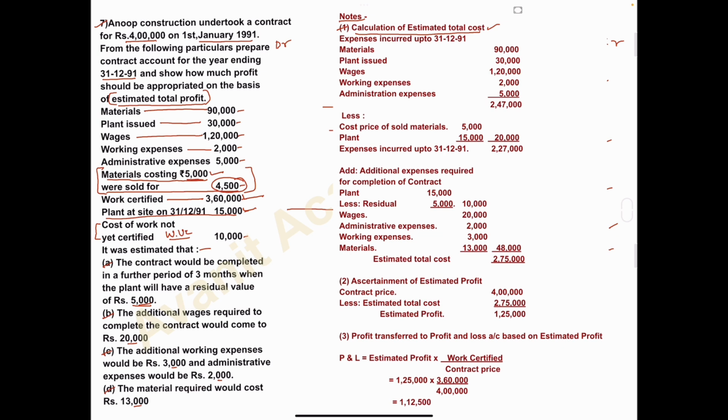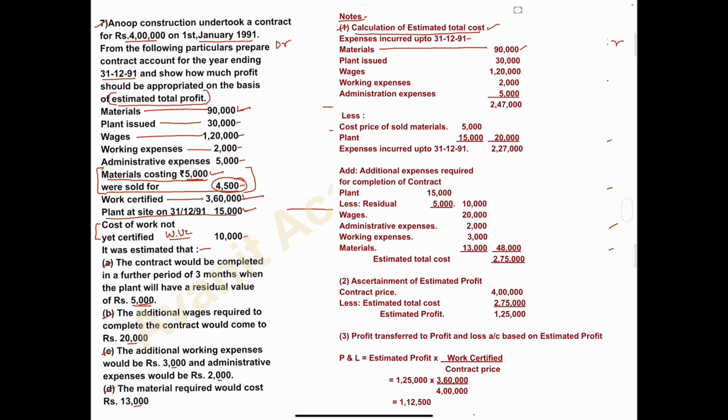In that, first we have to take expenses incurred up to 31st December 1991. Okay, first we have to take the expenses incurred up to 31st December. Material. You can refer to the problem or the contract account to record all these items. Material is how much? 90,000. Or see the debit side of the contract account. Material value is 90,000.